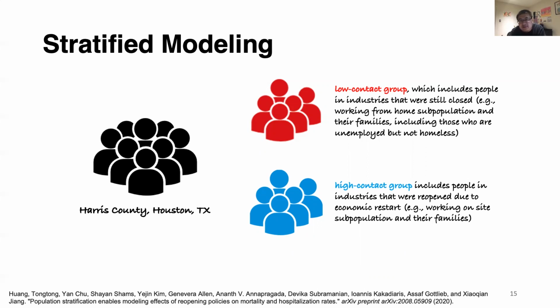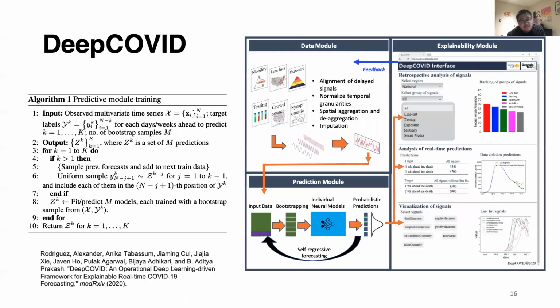So intuitively, the subpopulation of people who work from home are those who continue to stay at home and have limited chance of contacting the working subpopulation. And the two groups share the same fitted model parameters, but they estimate different R. And the initial R0 for the low contact group is slightly lower than the R0 value of the high contact group.